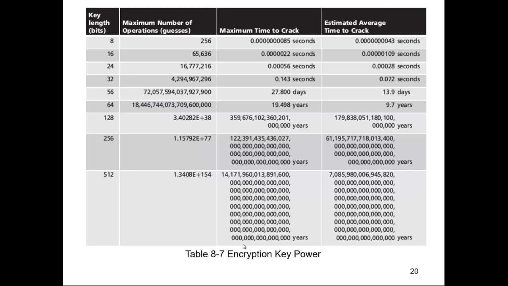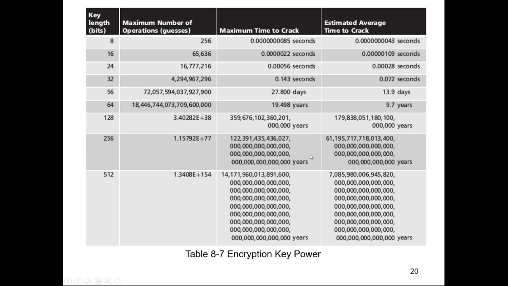This table shows the encryption key power with different key lengths and the maximum number of guesses. In addition, it includes the maximum time to crack and the estimated average time to crack the code. The bigger the length of the key, here shown in bits, the more years it will take to crack.